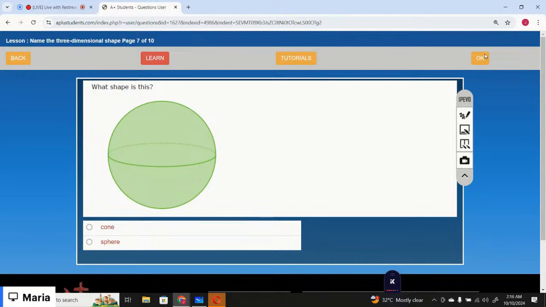What shape is this? Which is the correct option? Yes, sphere it is. Option number two is the correct option. Got it.